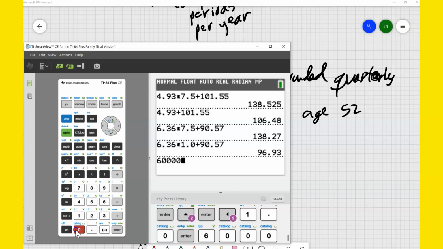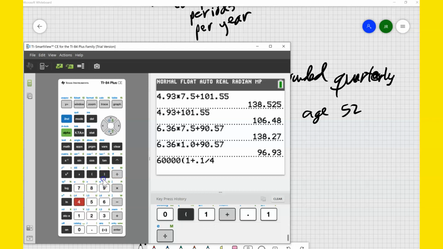60,000 times 1 plus 0.1 over 4, raised to the 4 times 30 power.